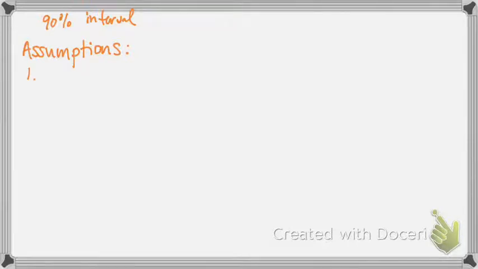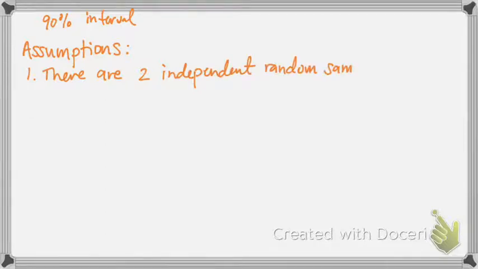So I would say there are 2 independent random samples of adults. You could go into saying like ages 20 to 39 and 40 to 49, but you don't necessarily have to. The 2 words I'm looking for are independent random samples.